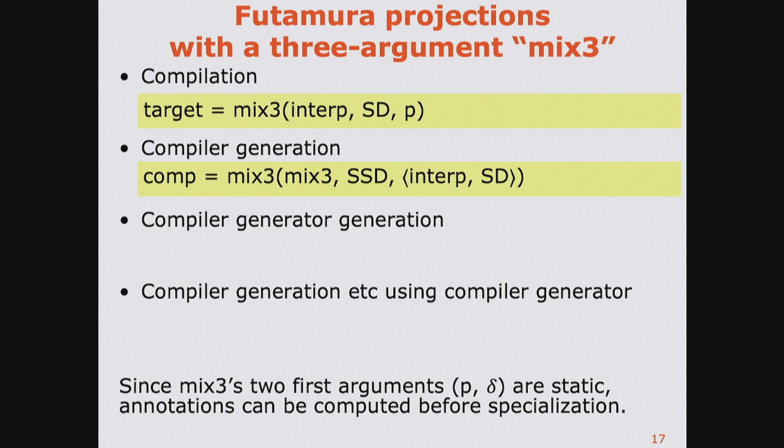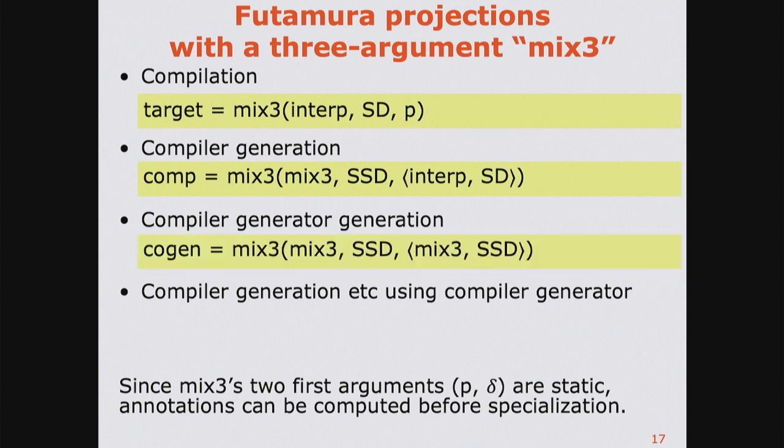So we actually have 2 arguments here. We have the interpreter and its binding time description. And therefore this mix being specialized has the input description static, dynamic, because we have the interpreter, we have the binding time description, but we don't have the program. And so this is what makes a difference.